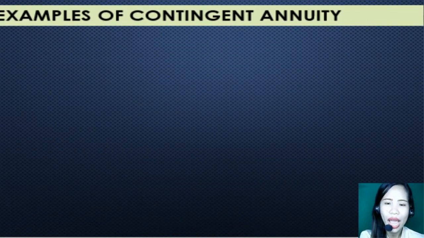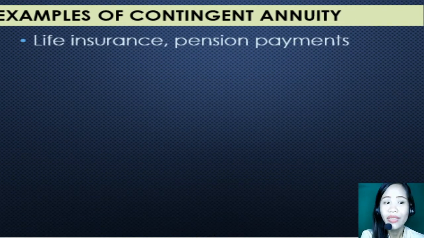Examples of annuity certain are life insurance and pension payments, wherein you will pay at definite times. An example of contingent annuity, where you can extend your payment for indeterminate, indefinite periods of time, is life insurance, also pension payments.